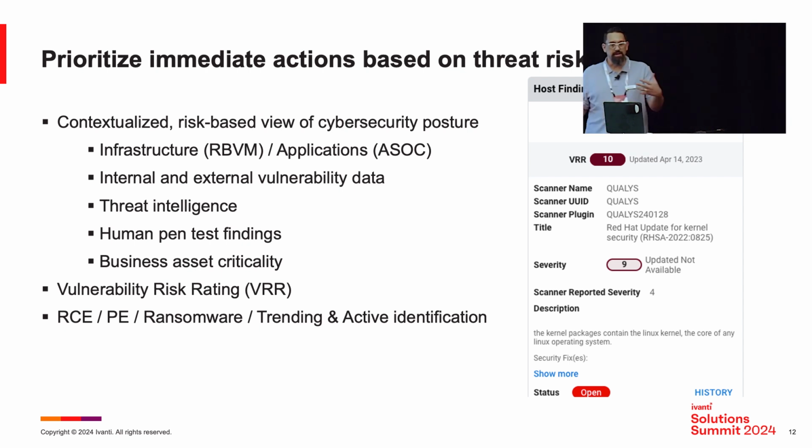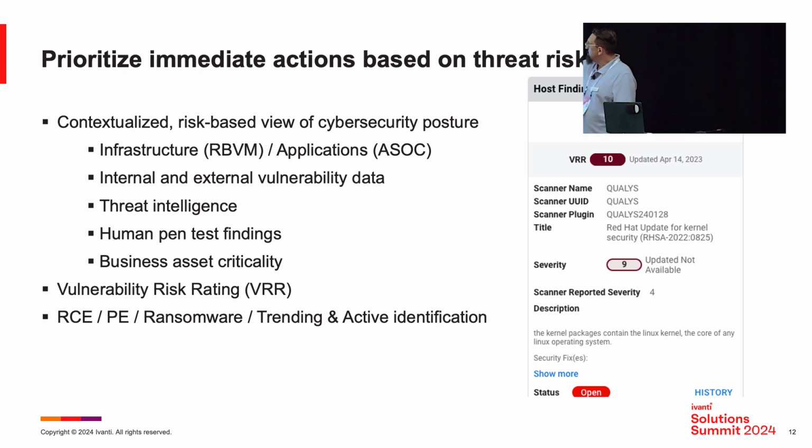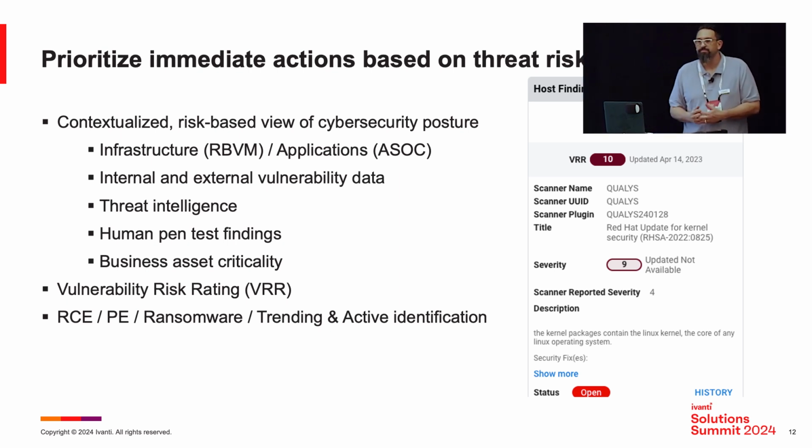And that's based on the additional threat contextualization that we're bringing in. Does it have an RCE? Does it have any trending or active identifiers? One of the other things that we utilize is that VRR score, right? Here's the severity, but we have the adjusted score. Let me give you a quick explanation of what VRR is. VRR is what we call our vulnerability risk rating.